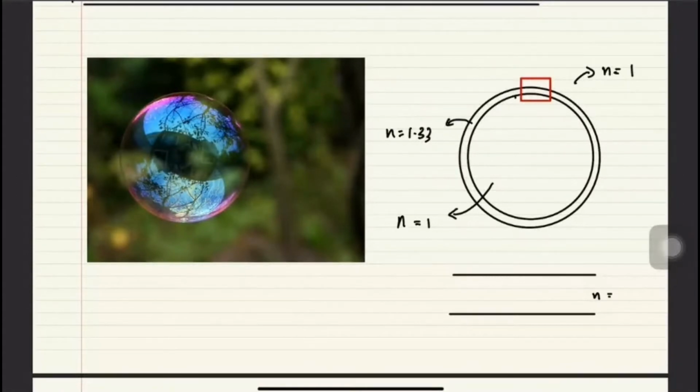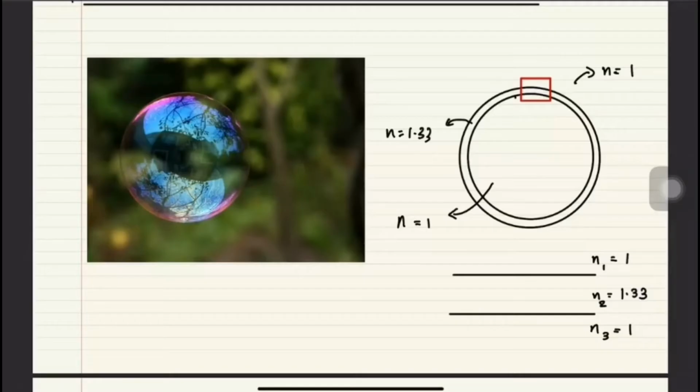In this case, it's a thin layer of soap bubble, so 1.33. Above it is air, and below, inside, is air as well. Most of the time you will represent your diagram with this pattern. You understand? Yes, sir.